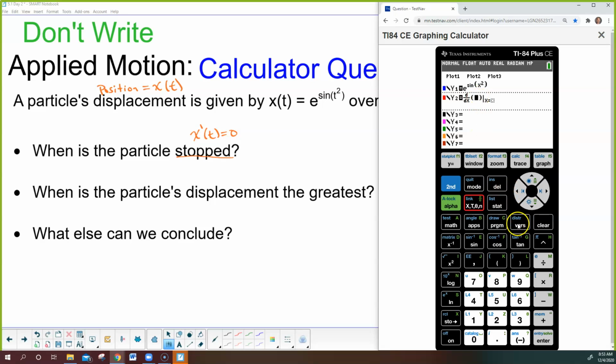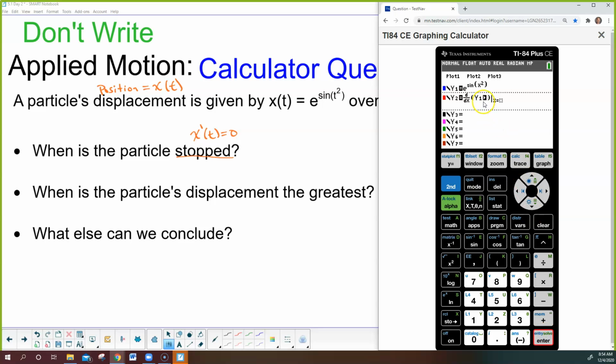Instead of going to the vars button, if you go alpha trace, so alpha calc, look at what that does. It actually activates your y1, y2, the y vars. I want to take the derivative of y1, so do alpha trace and select option 1.